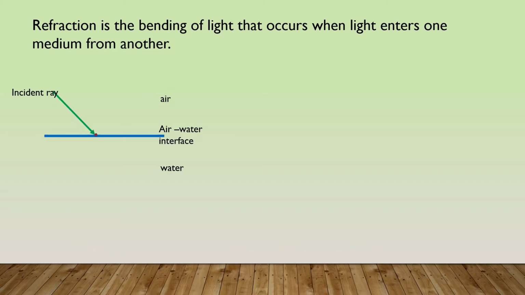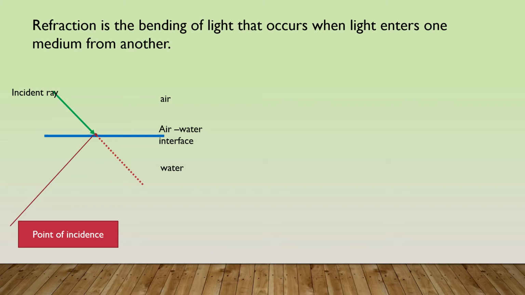Then this incident ray is hitting at a point. That point is present on the air-water interface, and it will be called the point of incidence. This you have studied in class 8, right? Now, if there was no change of media, the incident ray would have continued in the same direction.